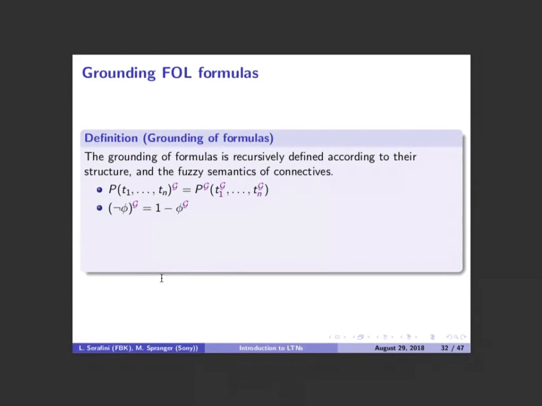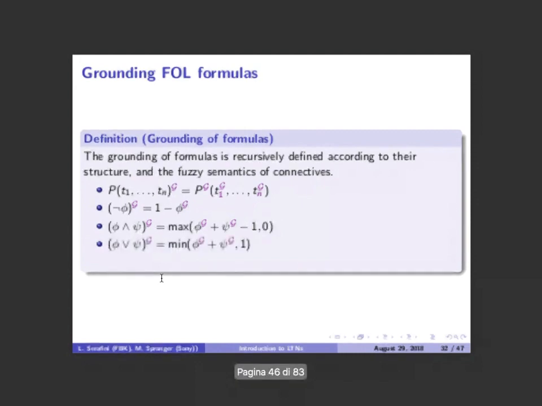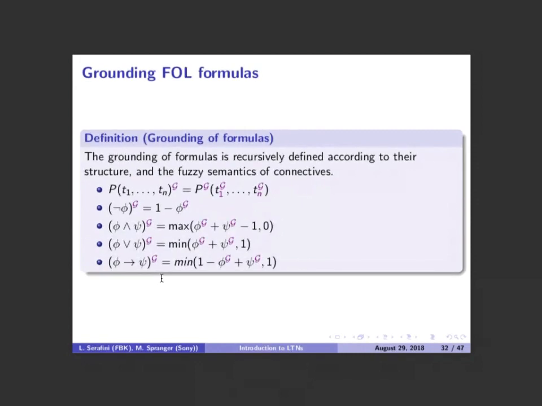Negation would be 1 minus the grounding of phi. The conjunction here taking just one case there, the maximum, and then the disjunction taking the minimum, and then the residual, also one of those options there for implication.